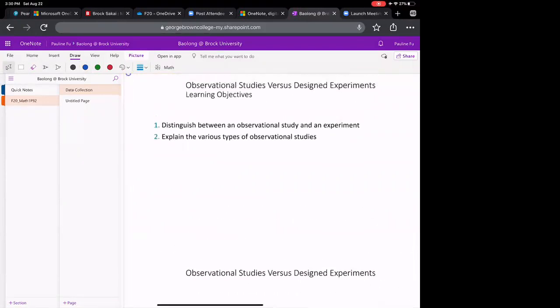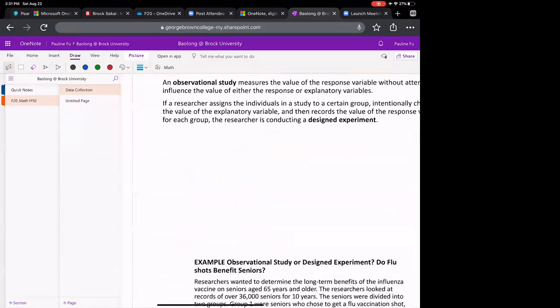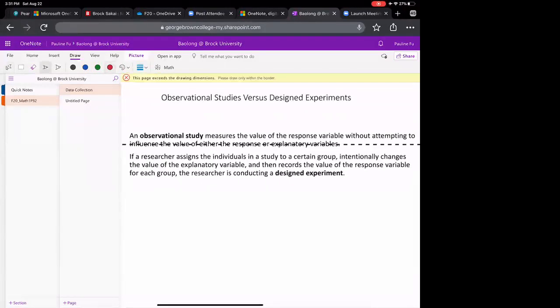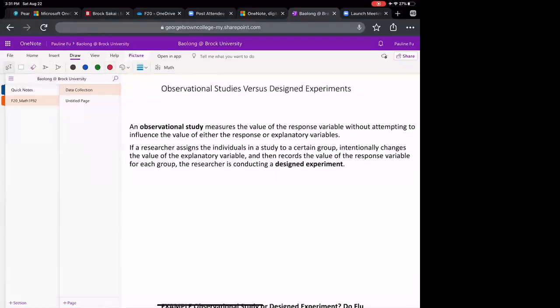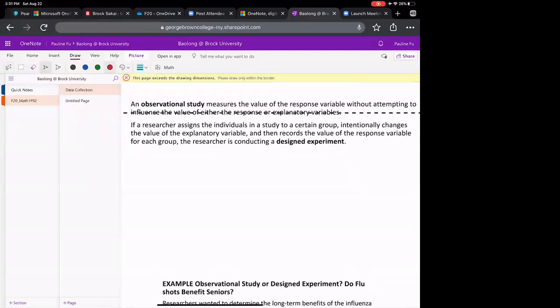Next, we'll introduce observational studies versus designed experiments. Okay. We are going to distinguish between an observational study and an experiment, and explain various types of observational studies. Observational studies measure the value of the response variable. So what is the response variable?